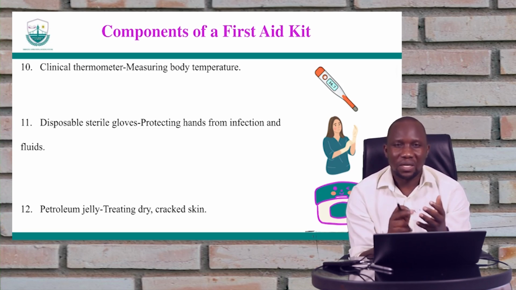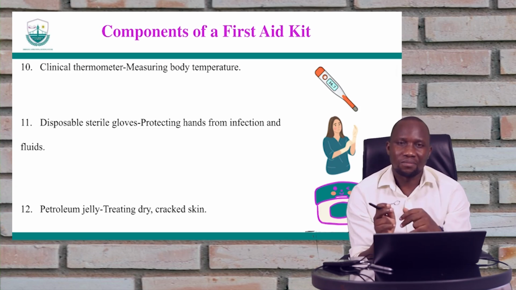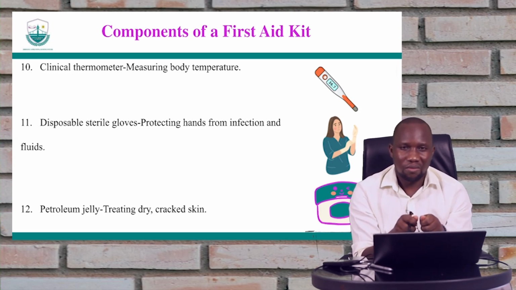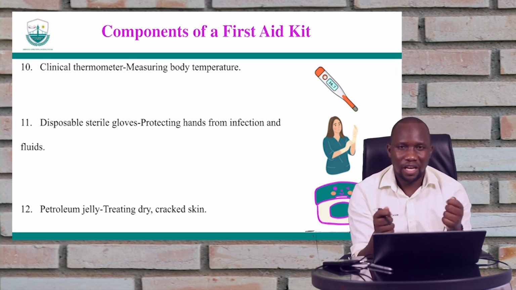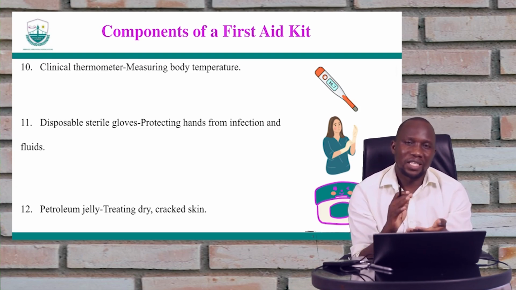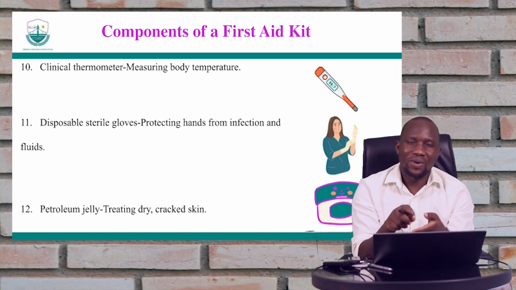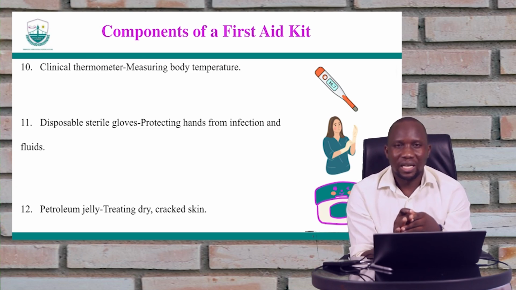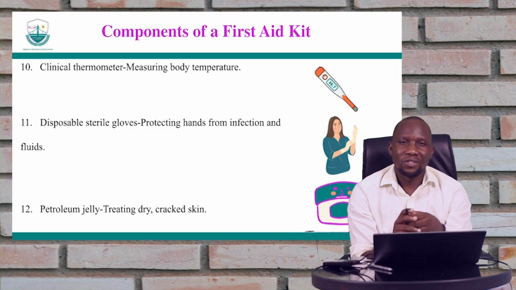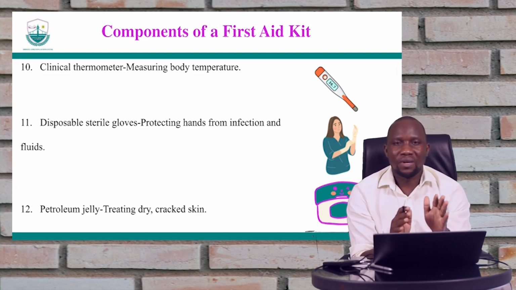The gloves can be sterile or what we call clean gloves. The sterile gloves are the ones that are usually packaged. You have to tear to get into them. But the ones where you just pull them from the box and put them on are called clean gloves. Those gloves are not free of germs, so that's why we call them clean gloves. Whereas sterile gloves have no microbes on them as long as they are in a secure package. So you need to know the difference between the two.